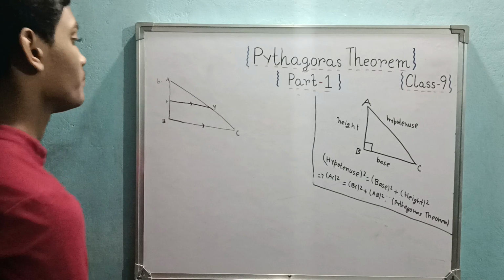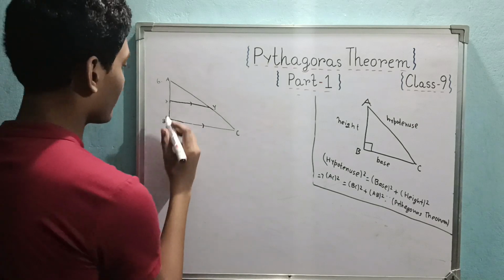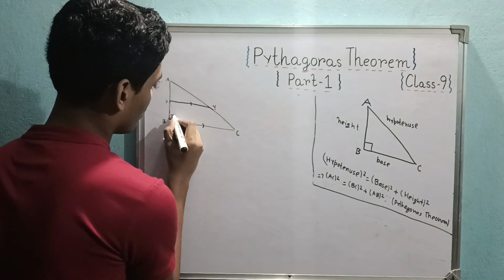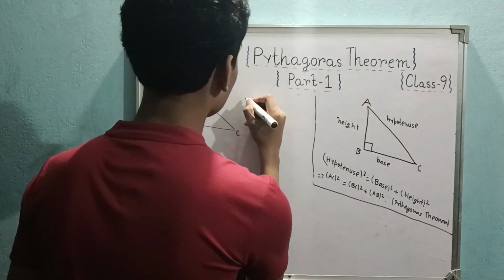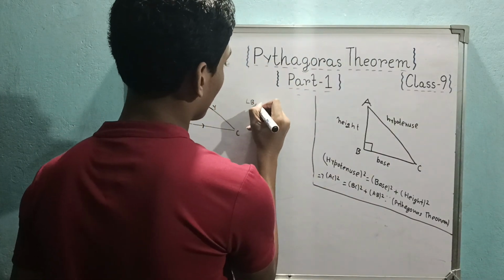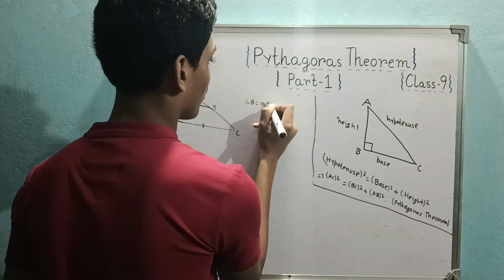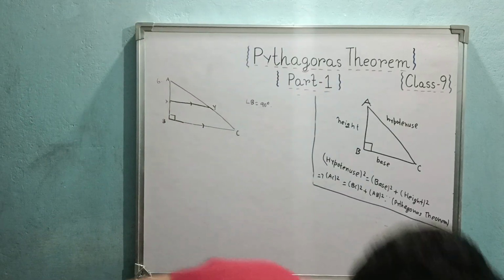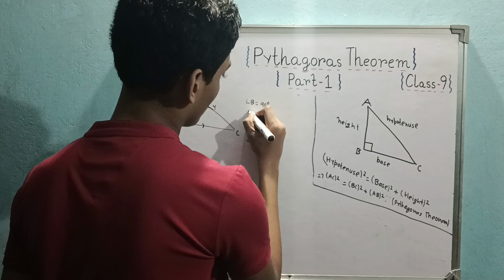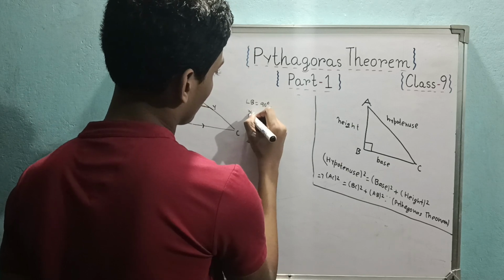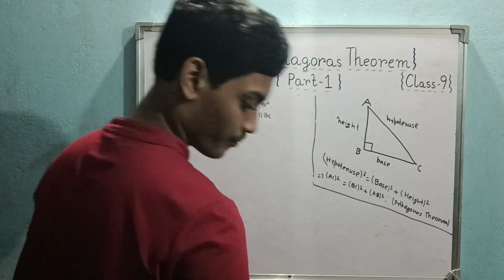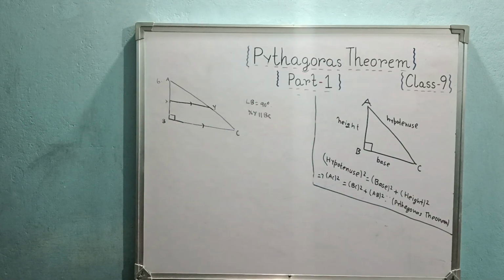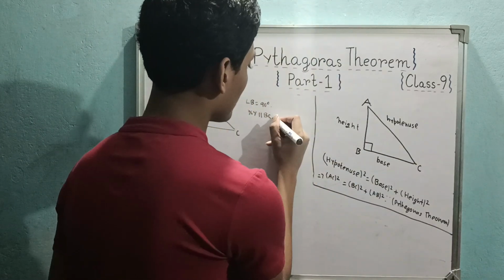That's the diagram and the right angle is here. So they are telling angle B equal to 90 degree. What is given I am telling you. XY is parallel to BC. AB equal to 12 centimeter.